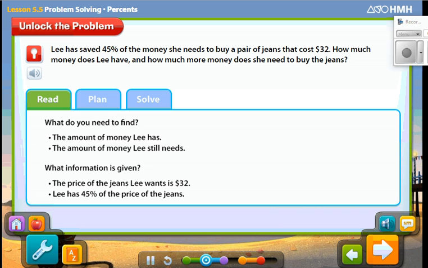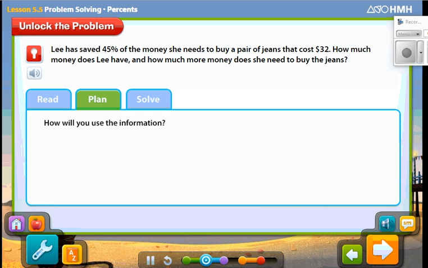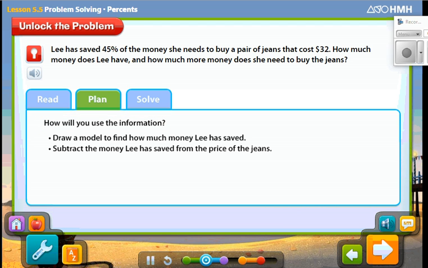Now, let's make a plan to solve this problem. How will you use the information? You can draw a model to find how much money Lee has saved, and then subtract the money Lee has saved from the price of the jeans.